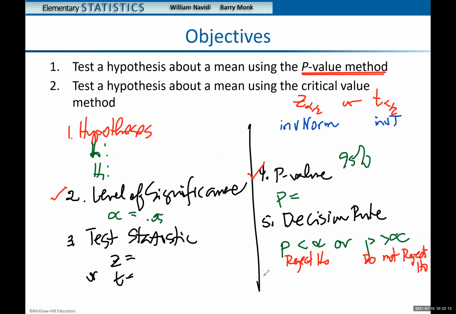And step number 6 is your conclusion. So just like an example from the activity yesterday, when you reject, you start with we conclude that, and if it's do not reject, then there's not enough evidence to conclude that.